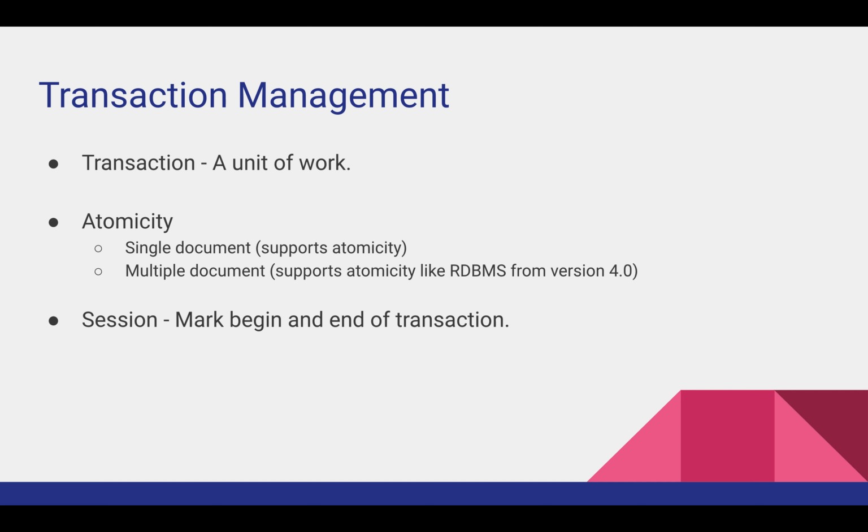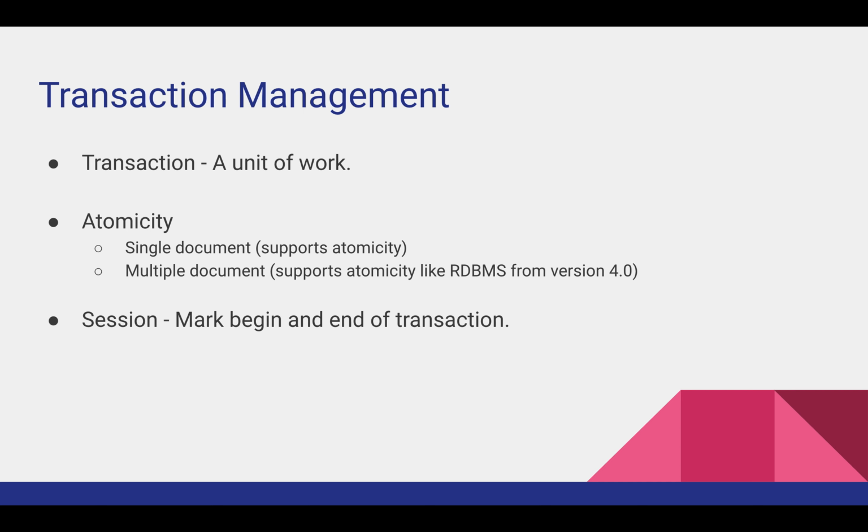On a single document, a write operation is atomic even if the document contains multiple embedded documents in itself. While in a multiple document write operation, even if the entire operation is not atomic, the write operation on each individual document in it is atomic in nature.